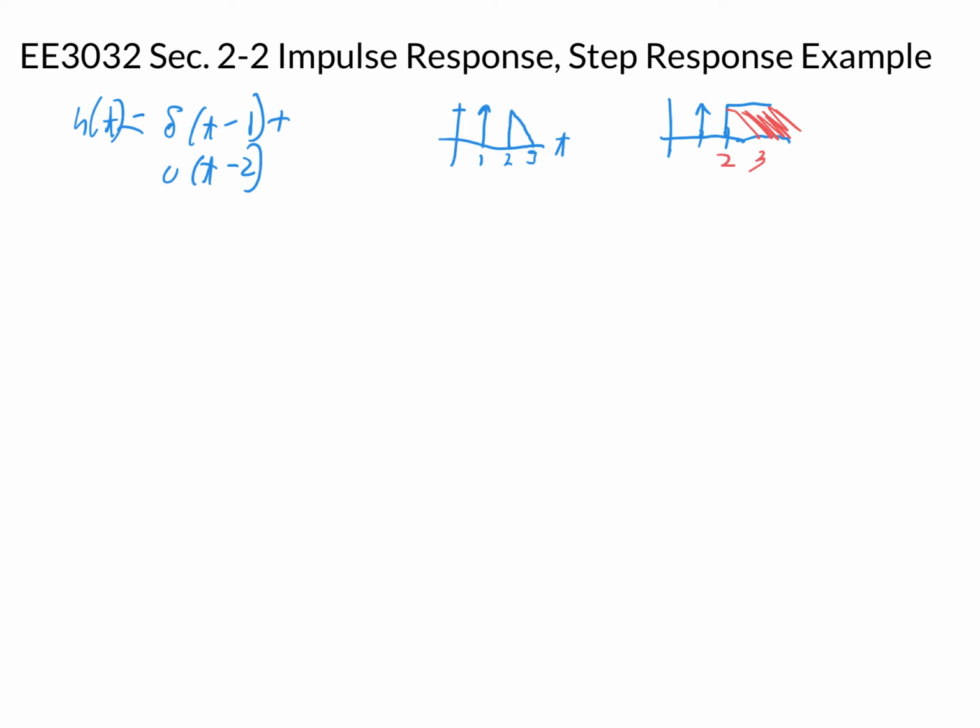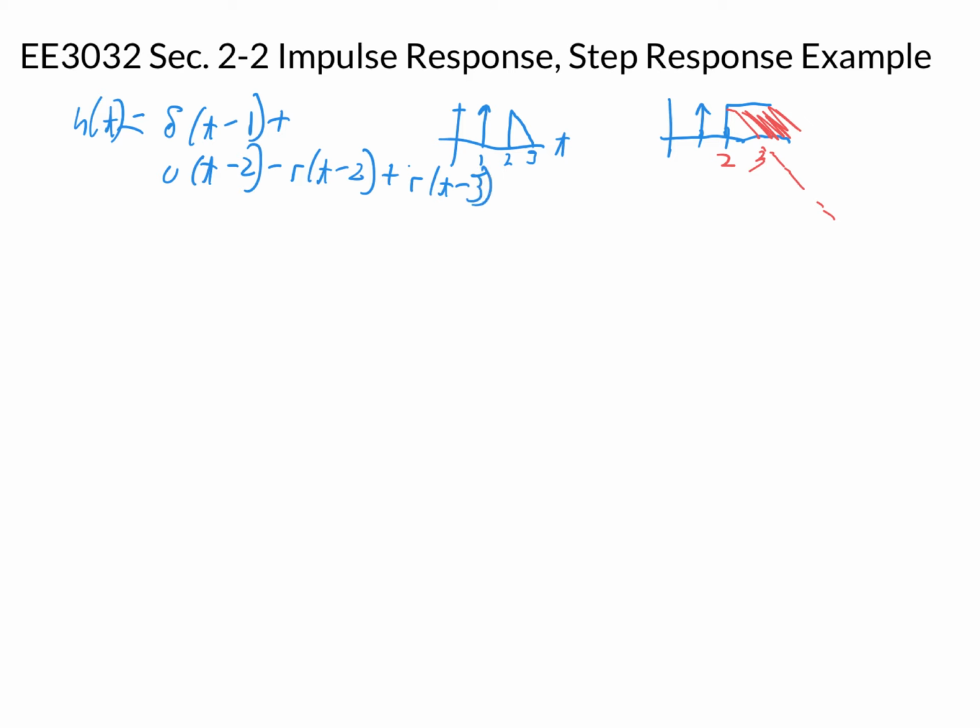So I need to subtract a ramp starting at 2. And if I did that, this would just continue down. So I need to add in a ramp starting at 3 to balance that out and get my original function that I drew.